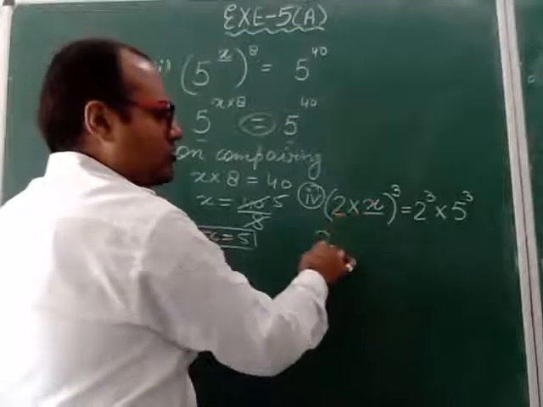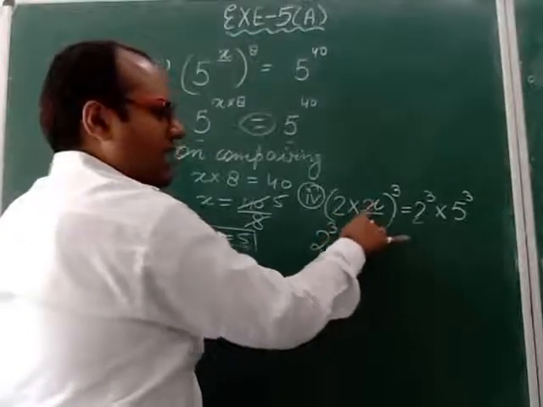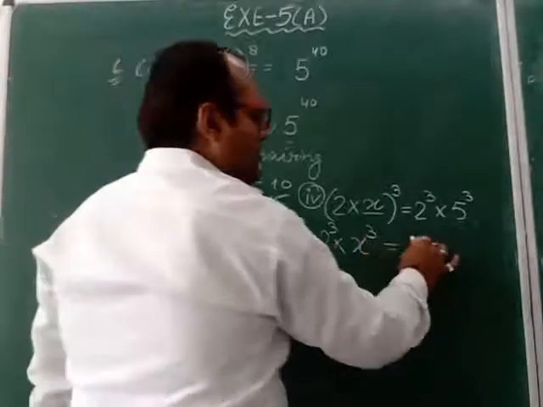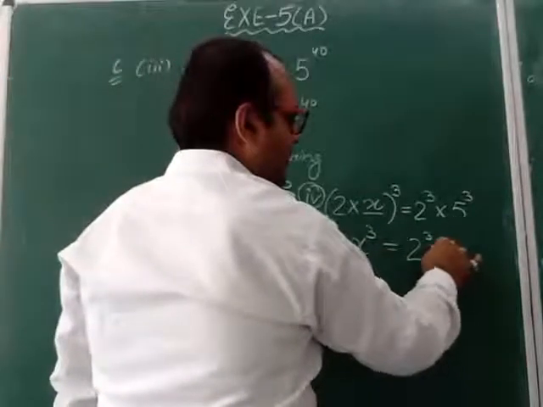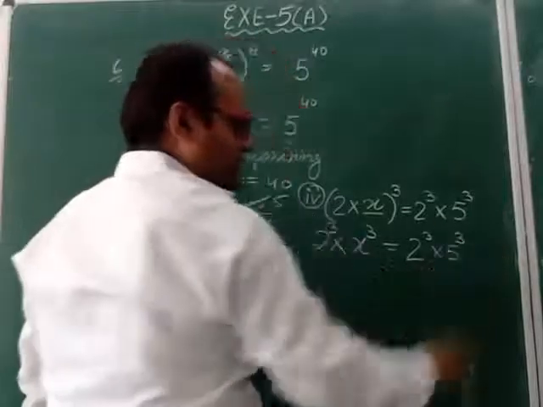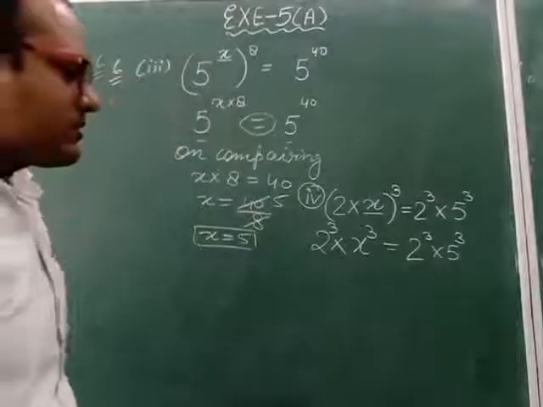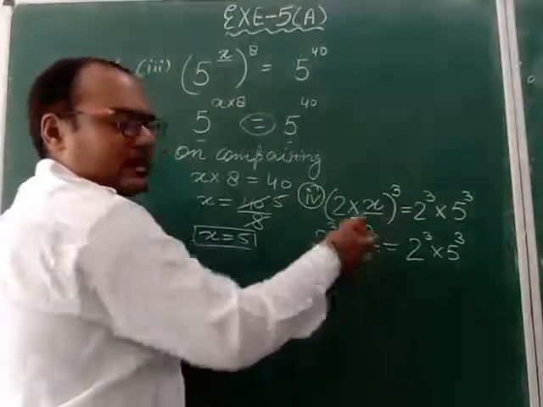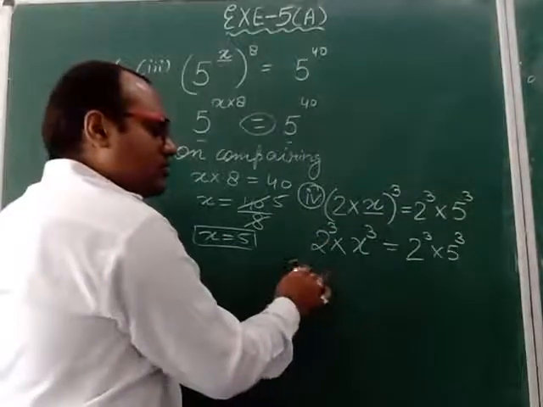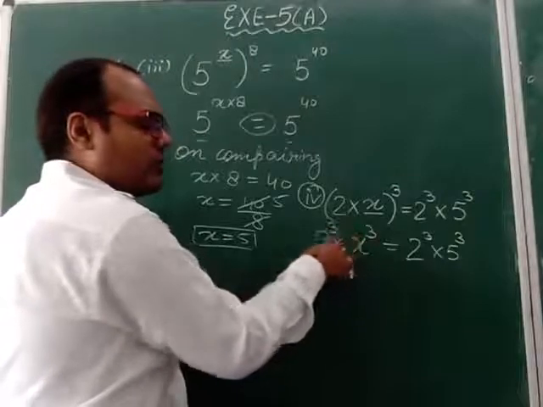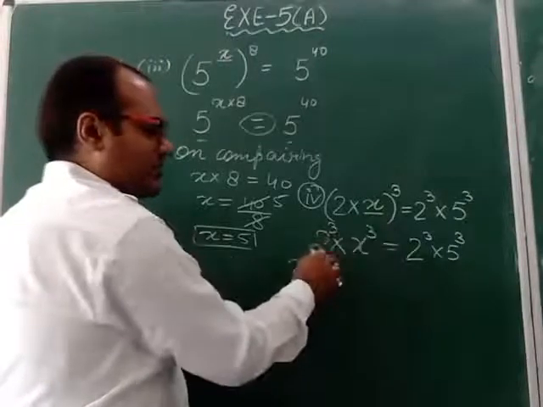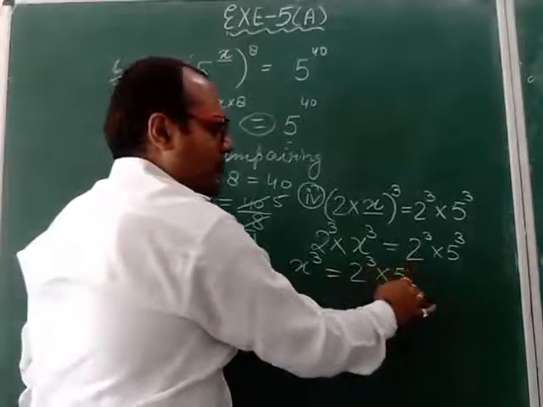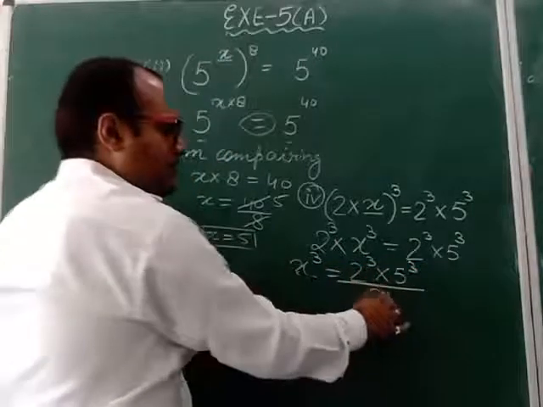On 2 also we will take power 3, on x also we will take power 3, equal 2 power 3 multiply 5 power 3 we will write as it is. Now next step, this 2 power 3 is in multiply. On the right side we have to take it in divide. So this 2 power 3 we will remove. What is the remaining number? x power 3 equal 2 power 3 multiply 5 power 3 divide 2 power 3.